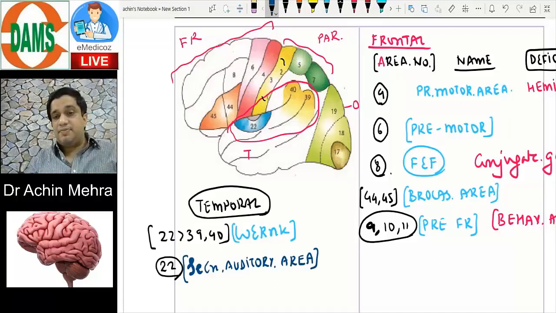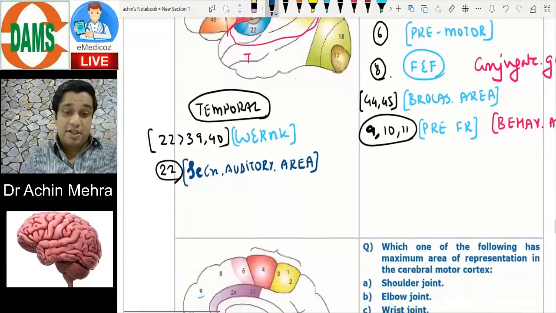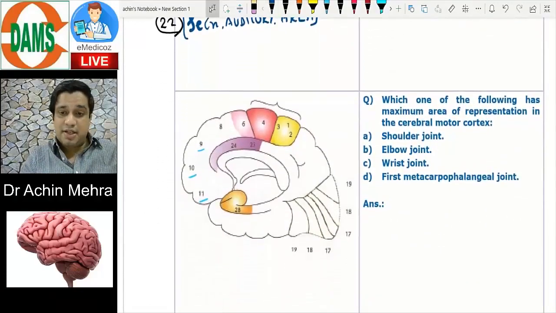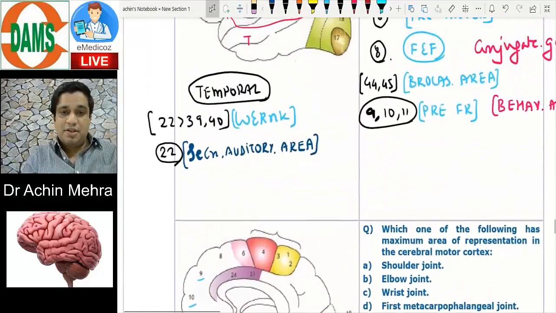Right. Now, where is the primary auditory area? If area number 22 is the secondary auditory area, where is your primary auditory area? Let us look into the medial side. Okay, it's not been mentioned over here.